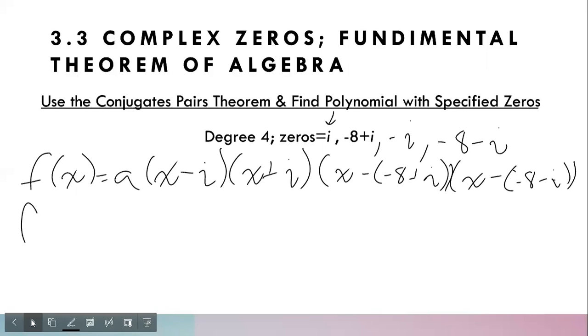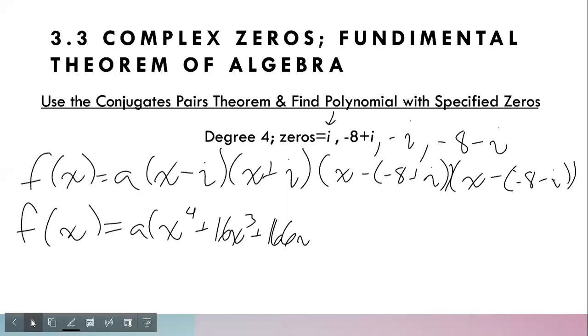Then you would multiply all those out to get the equation f of x equals a times x to the 4th plus 16x cubed plus 66x squared plus 16x plus 65 as your polynomial.